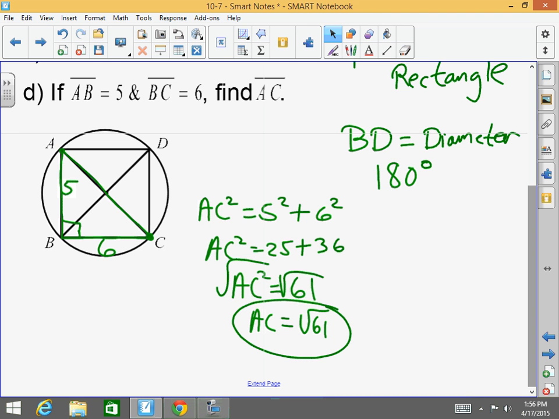So I really need you to understand the whole parallelogram being a rectangle. You have to remember the rules of parallelograms. Parallelograms, the diagonals bisect each other, correct? But in a parallelogram, are the diagonals congruent? No, they're not.